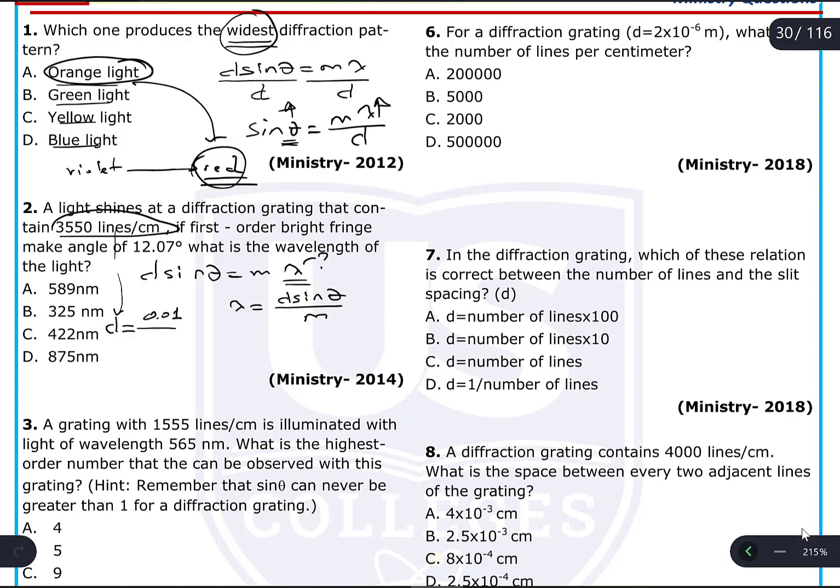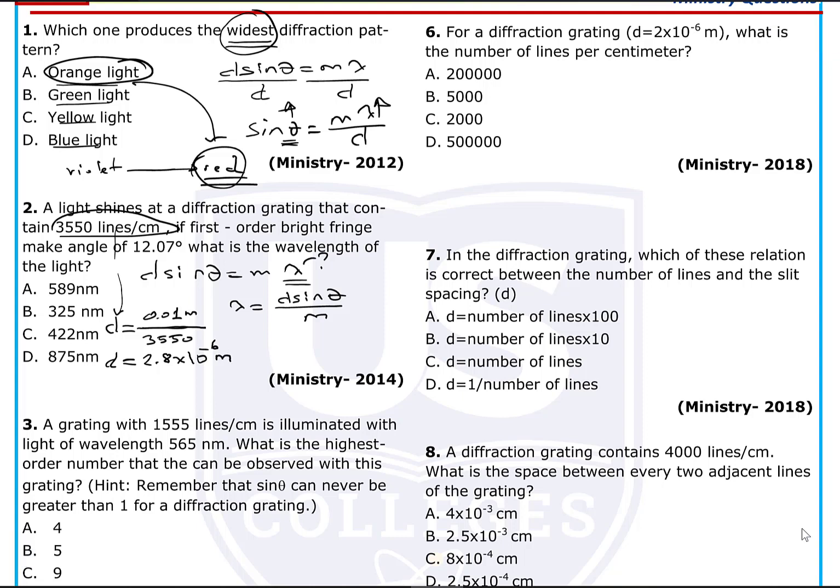So 0.01 meter divided by 3,550 gives the slit spacing for this diffraction grating, which is 2.8 times 10 to the power of -6 meter.